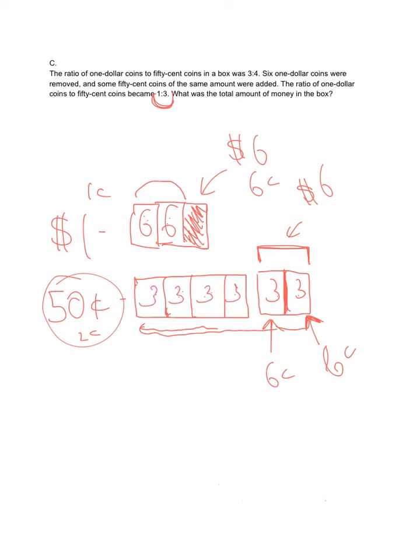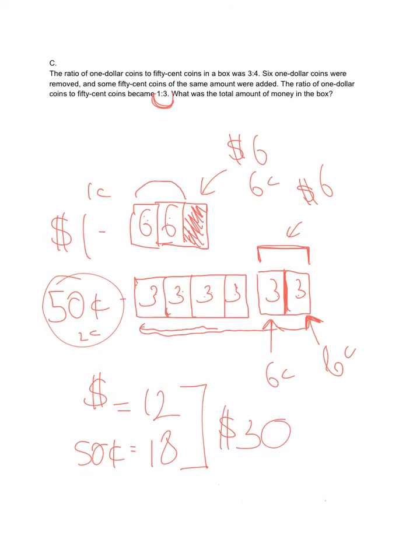So that means, as far as $1 coins go, we have a total of $12. Down here for our 50-cent pieces, we have a total of 6 units that are worth $3 each. That's a total of $18, which means in the box there's a total amount of $30.